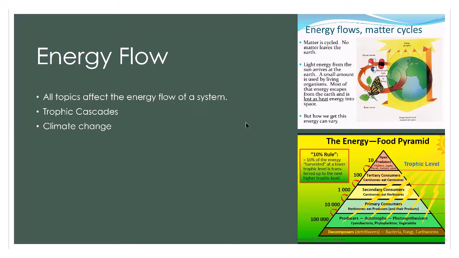Climate change affects the energy flow of material as well, because as we heat up the earth, we're causing stress to the various ecosystems. And when we do that, we're causing species extinction, or materials aren't readily available to the organisms in that ecosystem.